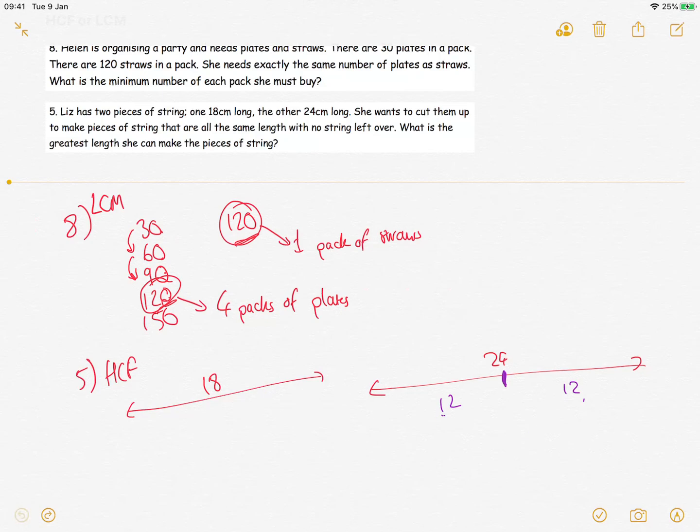So I've identified it's a highest common factor question, so I'm going to write out the factors of each of them. 2 and 9, 3 and 6, and that's it. 1 and 24.